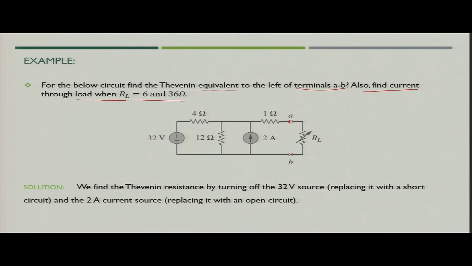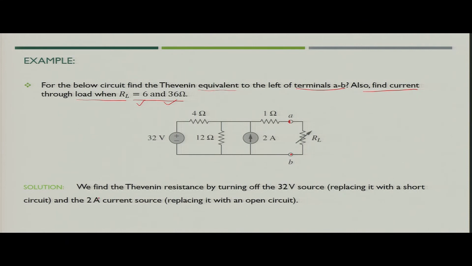So, this is the variable load, it will keep on changing, and you need to find the value of current through the load under various loading conditions. For this particular case, we are considering two different loading conditions where RL is 6 ohm and 36 ohm.